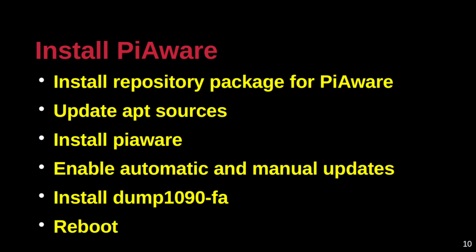After installing the software, the recommendation is to enable both automatic and manual updates. Then install the FlightAware version of dump1090 if one is not installed previously. Finally, reboot the computer so that all services are started at the next bootstrap start.